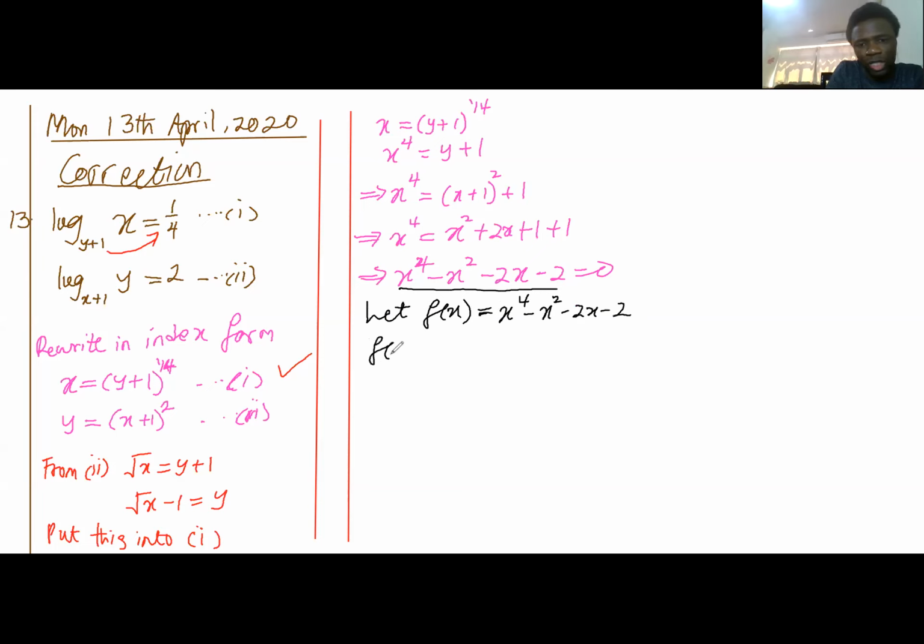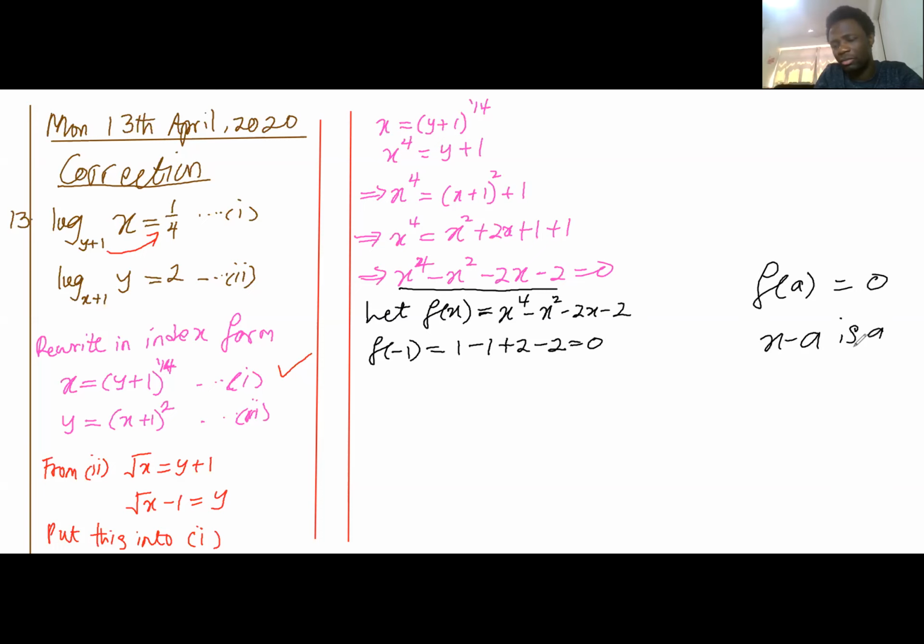Then you put x is equal to -1. If you put x equal to -1, you have this. So the factor theorem says if f of a is equal to 0, then x minus a is a factor of f of x. Okay, that's what I'm using.